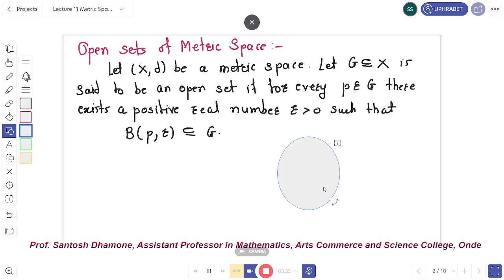So this is a set X, and G is contained in it.